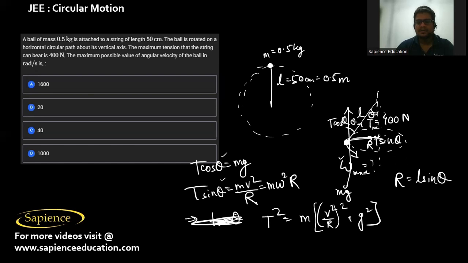Okay, so r is L sin theta. From here only we can find. T sin theta is equal to m omega square r, and r is L sin theta, so sin theta will cancel out.